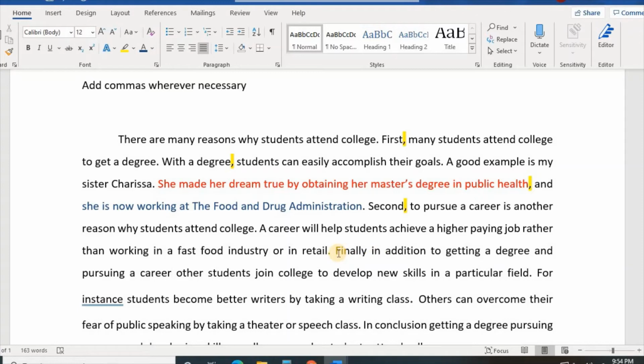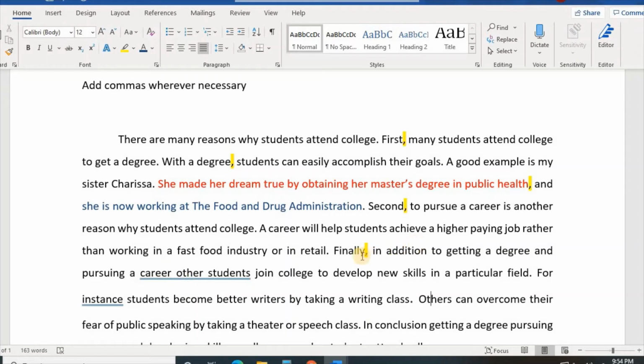Here we have a transition or an introductory word, the same as first and second. So after finally, we need a comma, and I hope that you are learning so far where to put the commas after introductory words, before and when joining two clauses, etc. So finally, introductory word, comma, in addition to getting a degree and pursuing a career.